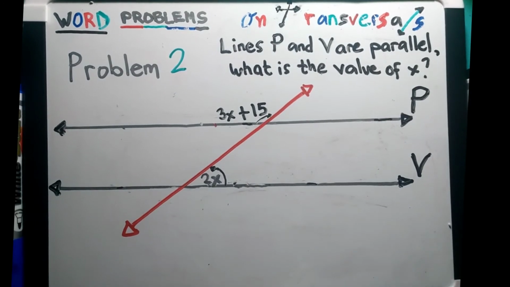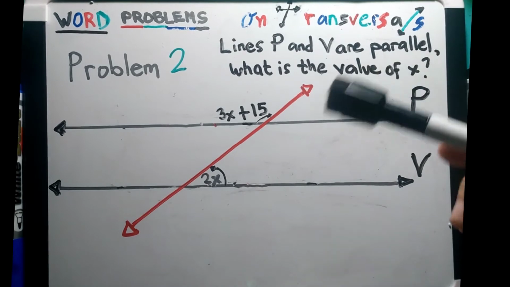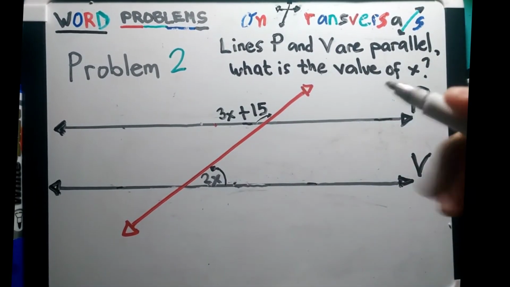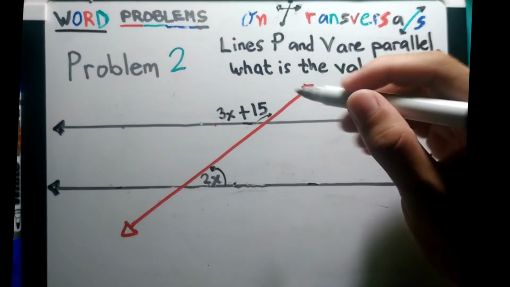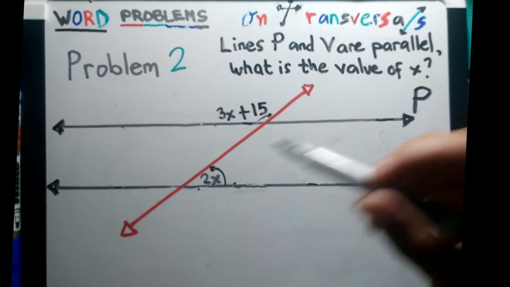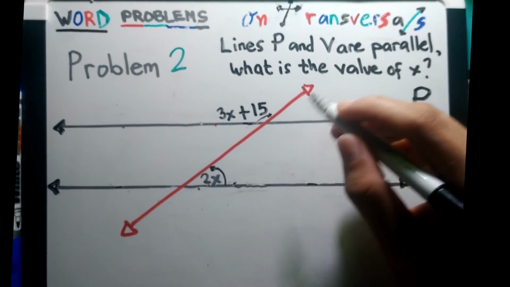So say we choose 2x. We are going to find the corresponding angle paired to 2x. So what is the corresponding angle we have for 2x? 2x is located here. So its corresponding angle should be this angle.